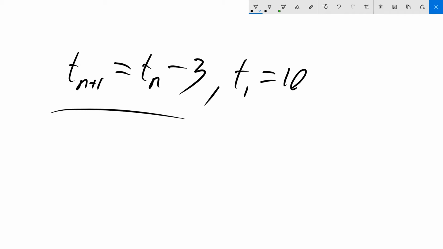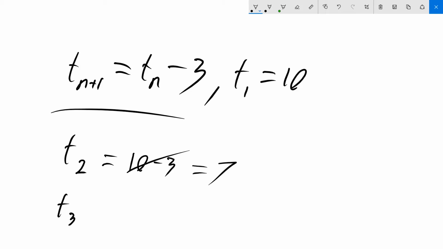Using this, well, if I want the second term, I use the first term, 10, then I minus 3, that becomes 7. We can do the same thing again, so the third term is going to be the second term, 7 minus 3, 4. And we can keep going, right? Onwards and onwards.